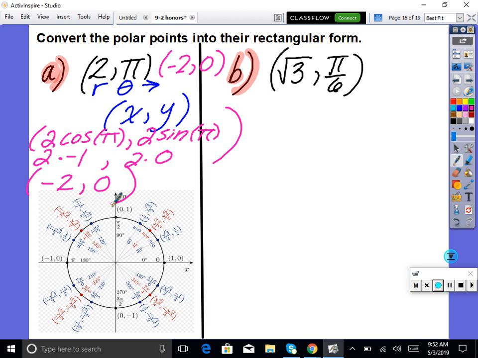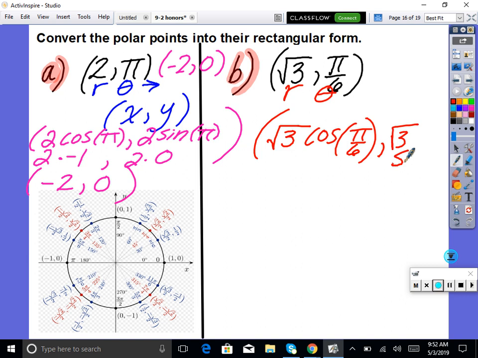We'll go through this one together. Let's just go quick. So now we'd say x, this is the polar form, r theta. So wouldn't my r be √3? Then we'll put cosine of pi/6. Isn't that r cosine theta is x? Then we have √3 sine of pi/6. That's your y value, okay?